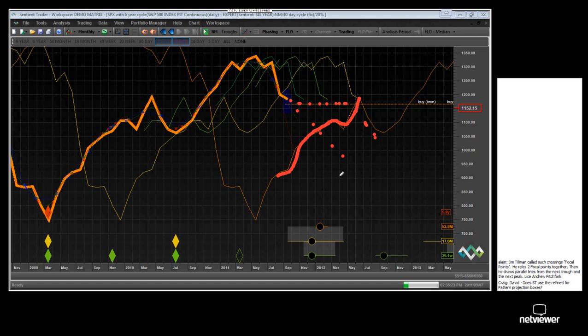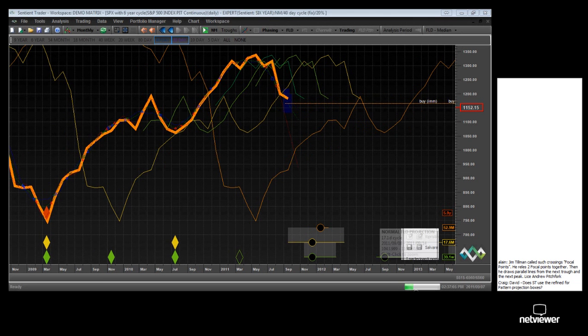It could do one of many things, or it could simply plunge straight down. But when price crosses this 54-month FLD, that will be confirmation, of course, that we have a peak of the 54-month cycle in place, and price is heading down to the next 54-month trough, and we will be able to generate a projection down to that trough.